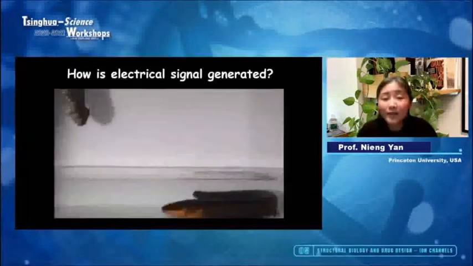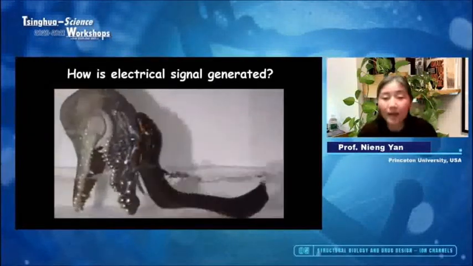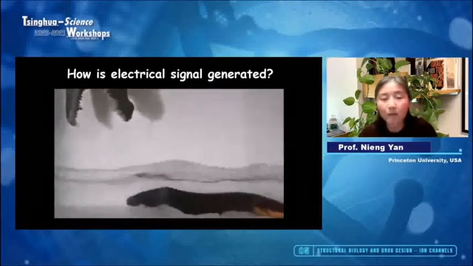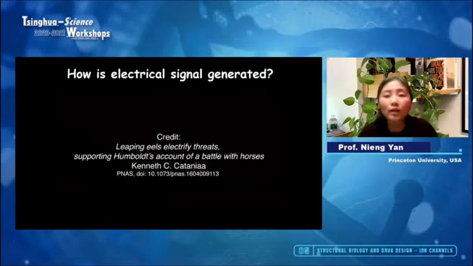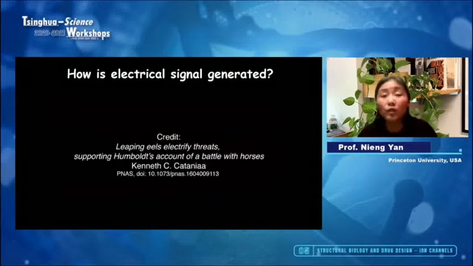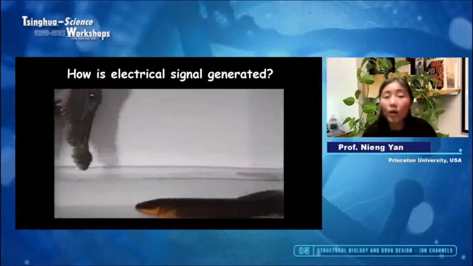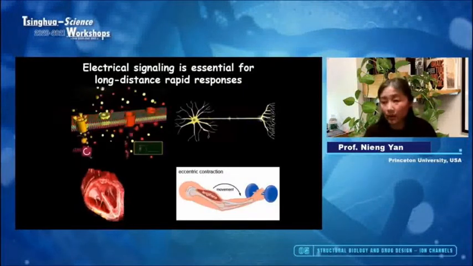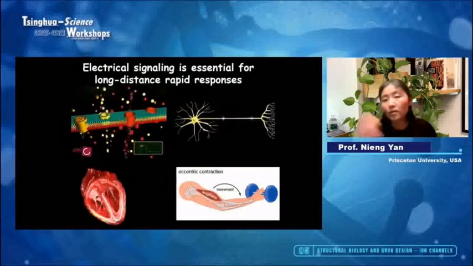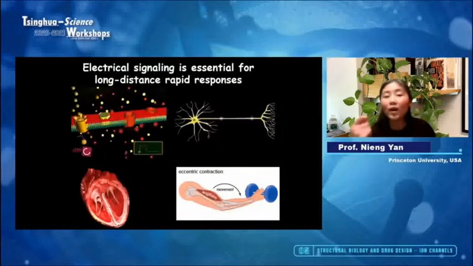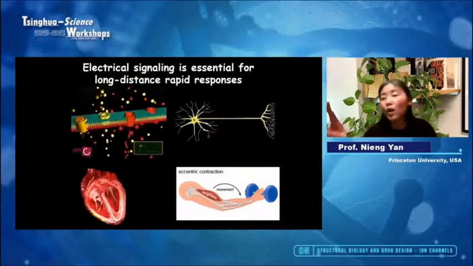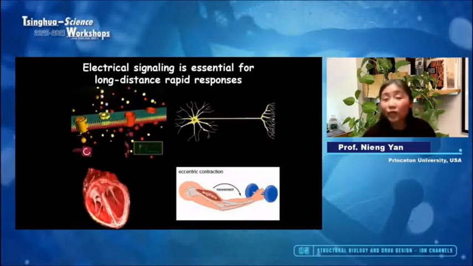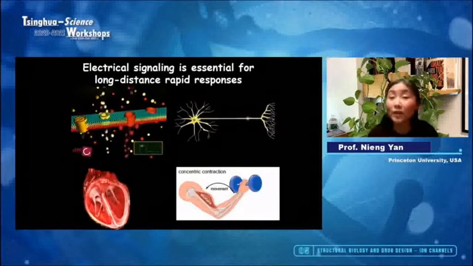But there is another very intriguing event that my lab has been working on in the past decade, well, since 2007 actually, almost 14 years. We know that electrical signaling is really essential for long-distance and rapid response. I always give the example that if you touch a cup of hot water or a flame, you immediately withdraw your finger, right?